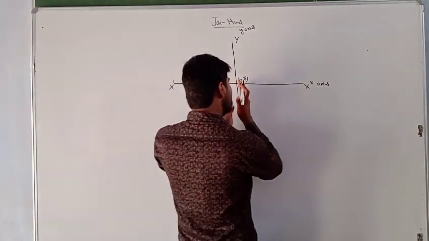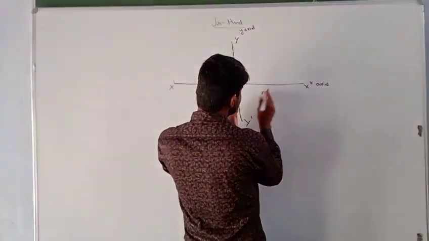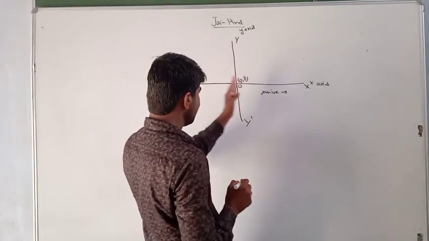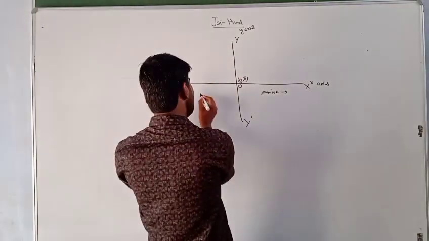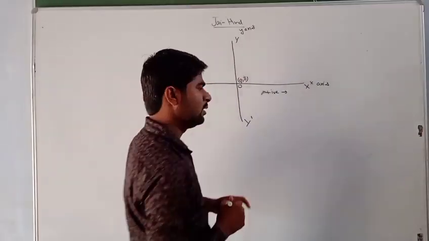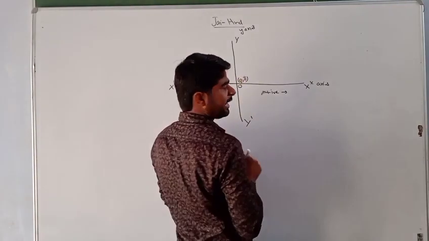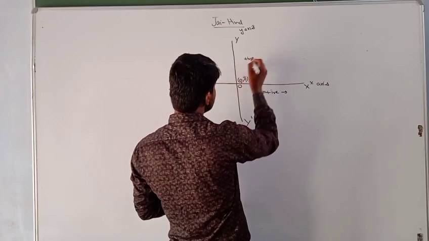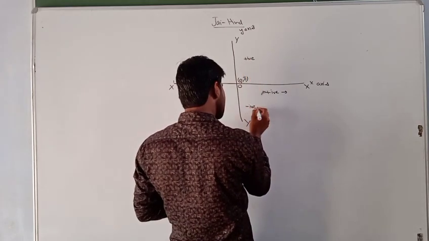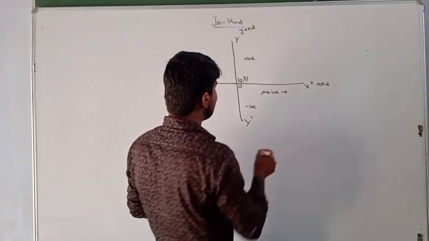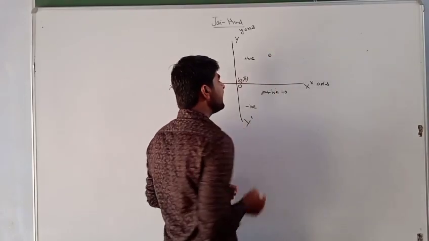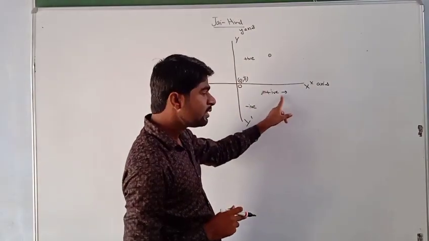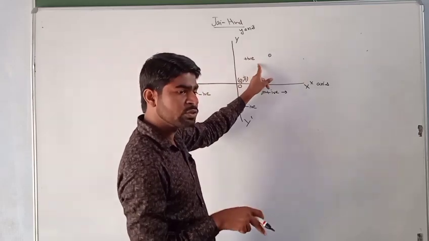If we move to the right, the value of x will be positive, and on the left side of the origin, the value of x will be negative. It is the same for y: if we go upside, the value of y will be positive. So if a point lies here, the value of x will be positive and the value of y will also be positive.